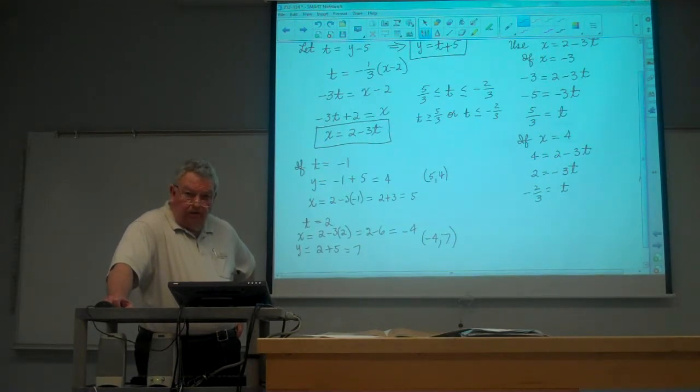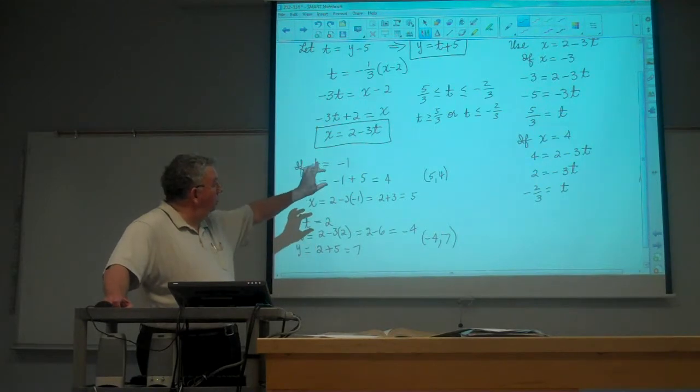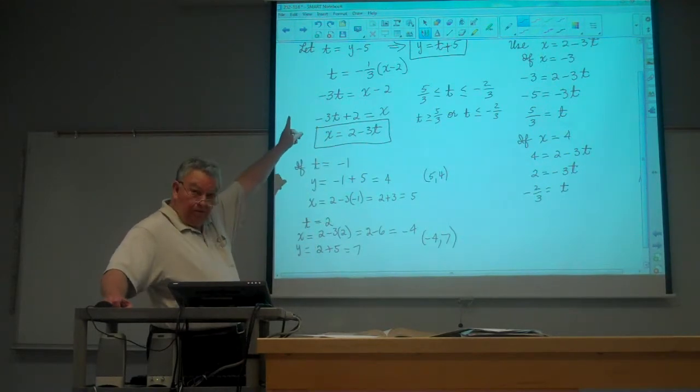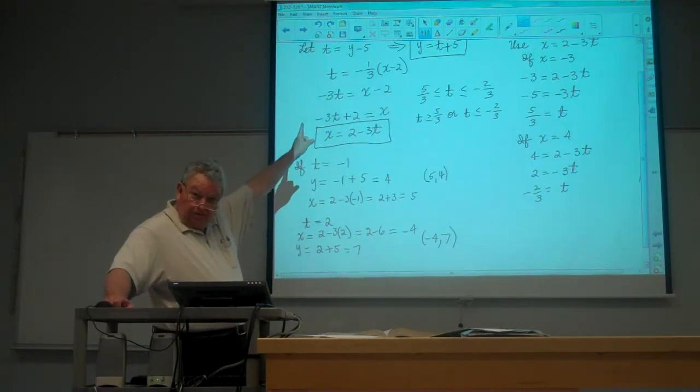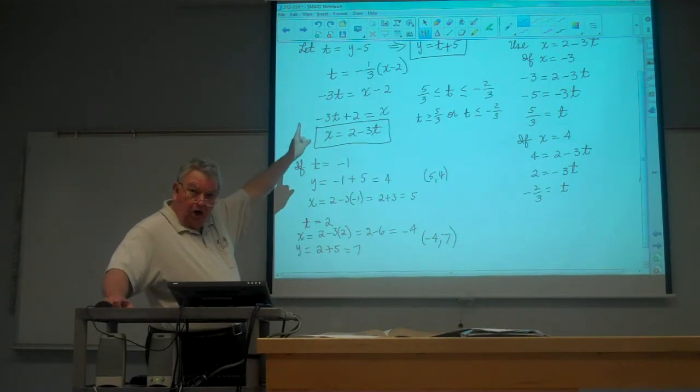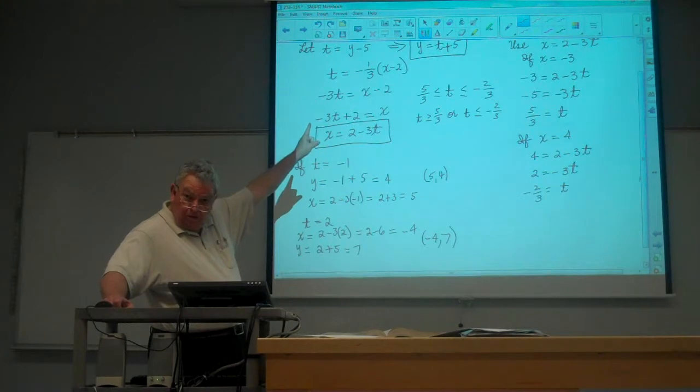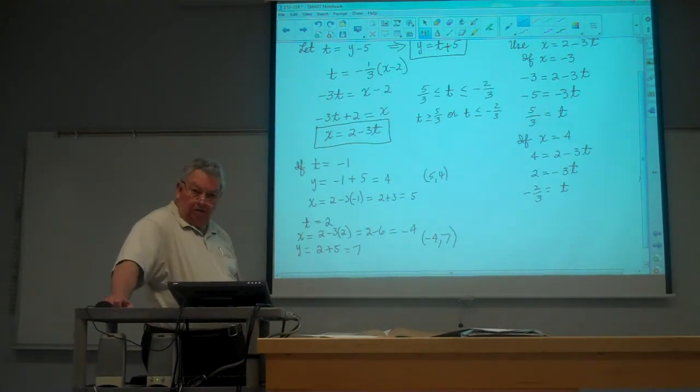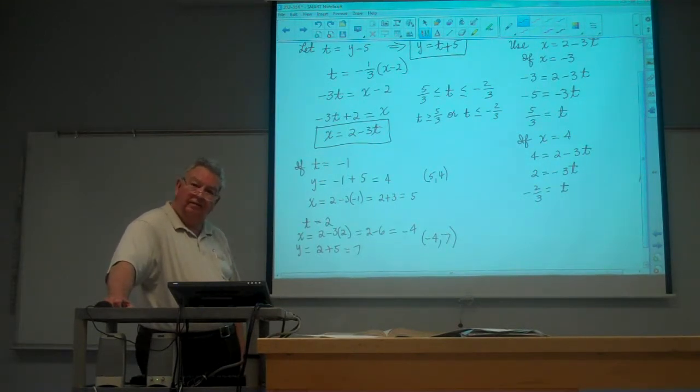T is changing because Y is checking the height. T changed because I started at a different place. I let T be something different than it was before. Right, but it was different because Y's equation is different than X's, and Y is going up, X is going sideways, so they're going to be different. Yes.